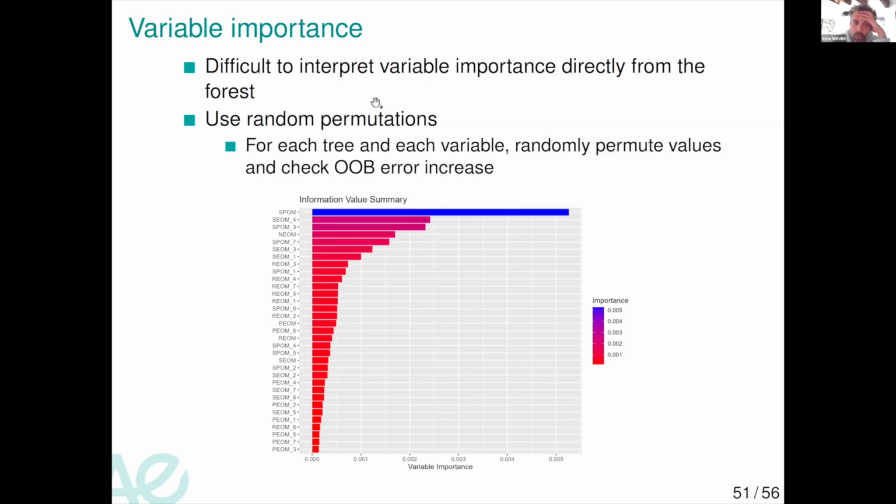It is based on random permutations, and you could see that, for example, here you have a clear ranking of the variables, with the most important here and the least important here. Of course, it's not as interpretable as a very simple model such as linear regression, but you could have some information on the importance of the different variables.